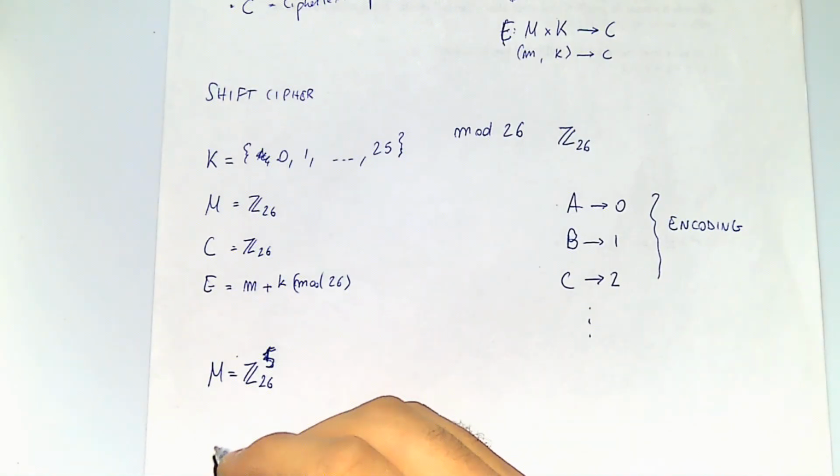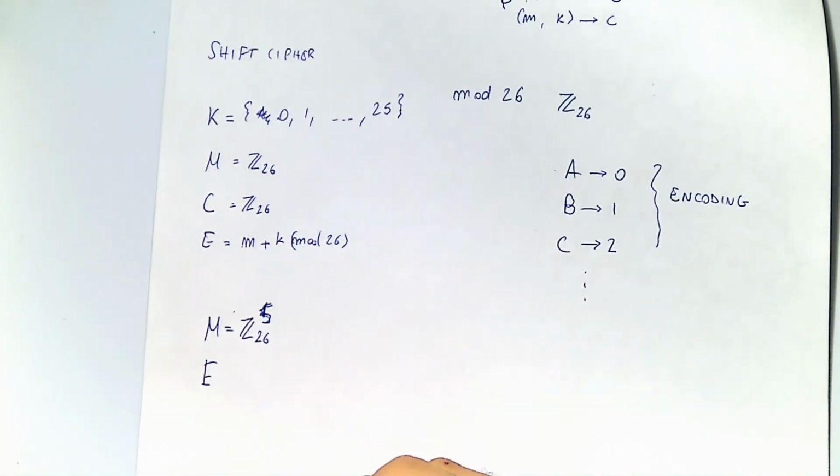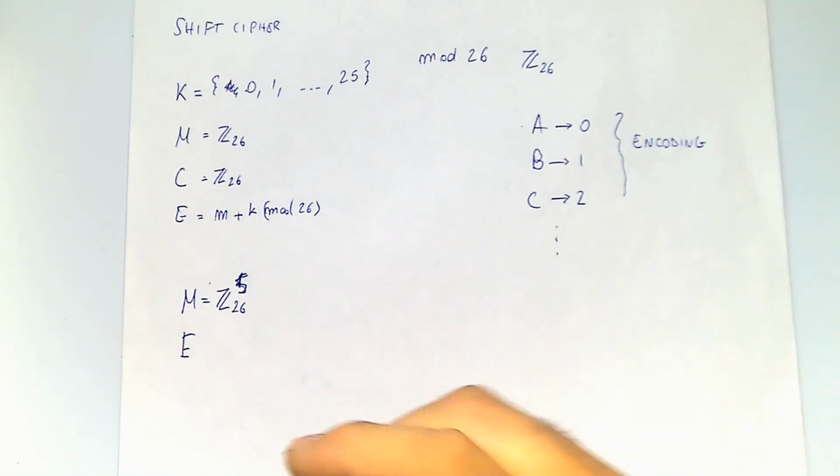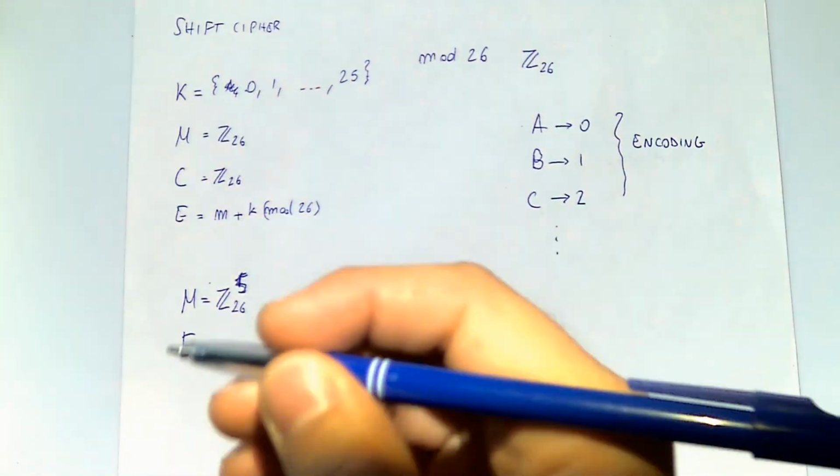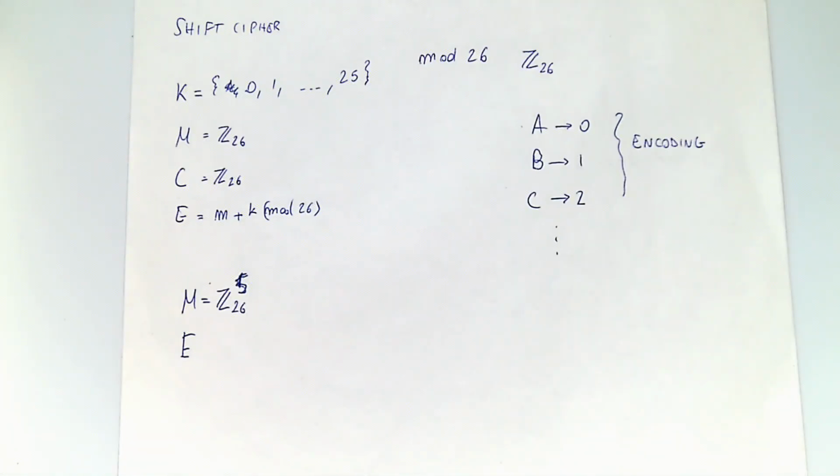So the encryption algorithm in this case would be from Z26 to the power of 5, so strings of 5 letters.